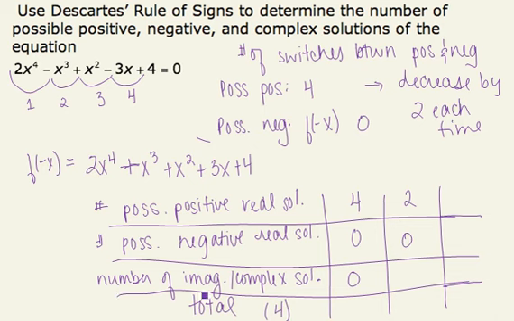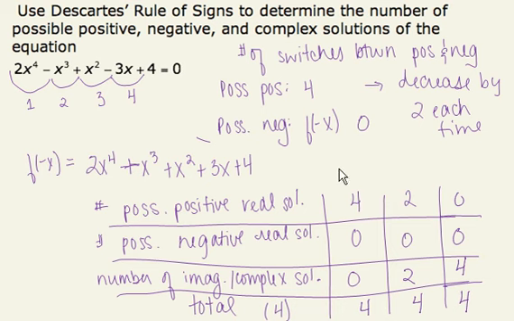But that means the number of imaginary complex solutions, since this total has to be 4, then the complex would be 2. Well, if there weren't 4 or 2, there could be 0 real solutions. There's still 0 negatives, but if it's 0 and 0, and we know the total has to be 4, that means there could be 4 possible imaginary solutions.